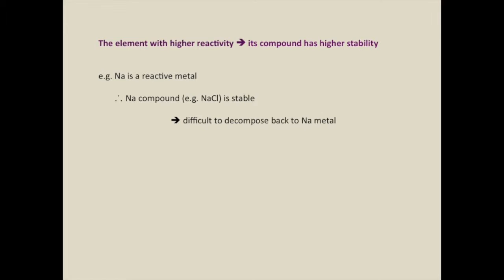Well, similar idea as we move to the nonmetals. Now this time we understand fluorine is more reactive than iodine. With the same idea, that means fluorine becomes fluoride ion, which is a very stable ion, and it is very difficult for fluoride ion to lose its electron and become fluorine again.